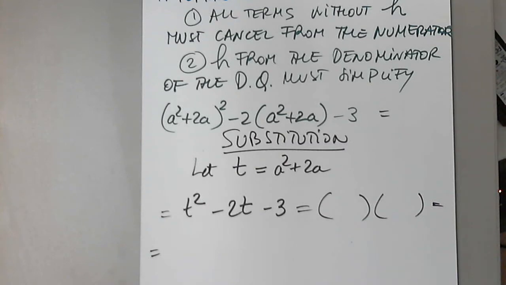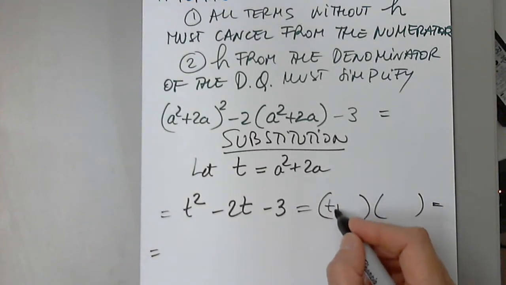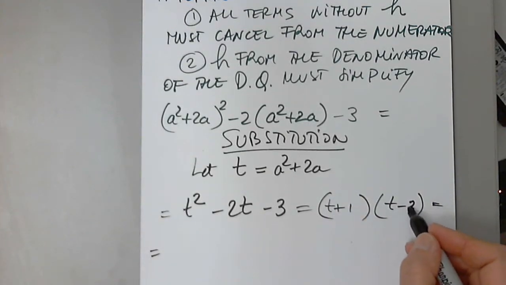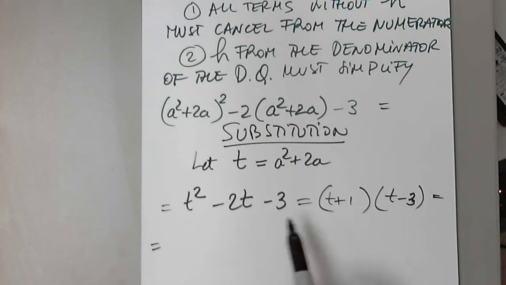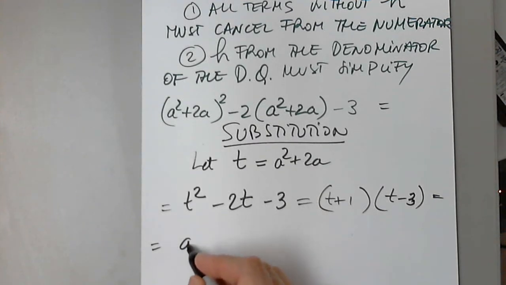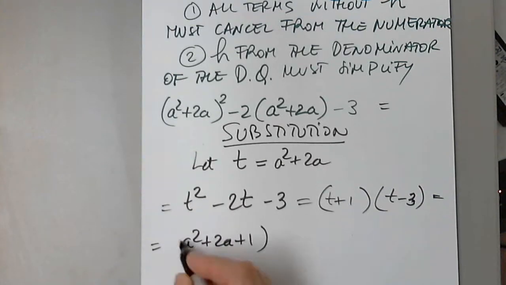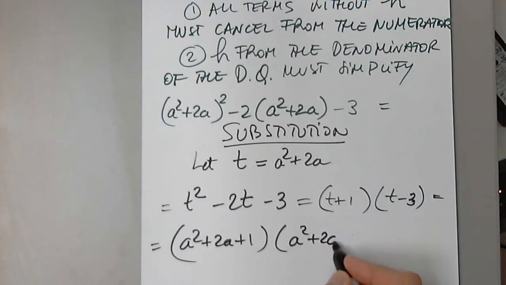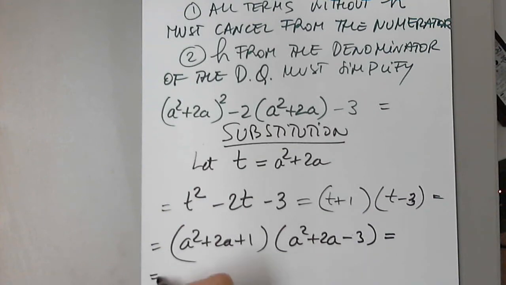How do we factor t squared minus 2t minus 3? t plus 1, t minus 3. Excellent. All I have to do now is go back and replace t by a squared plus 2a: a squared plus 2a plus 1, and a squared plus 2a minus 3. And now each of these factors can be easily factored.